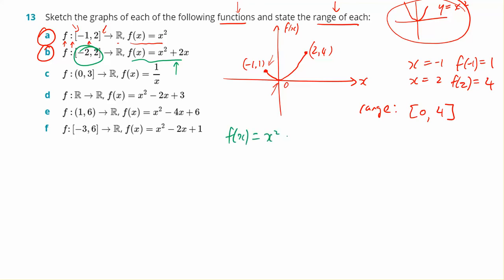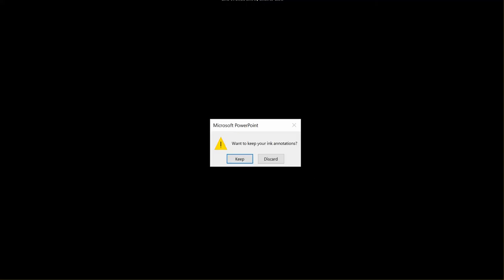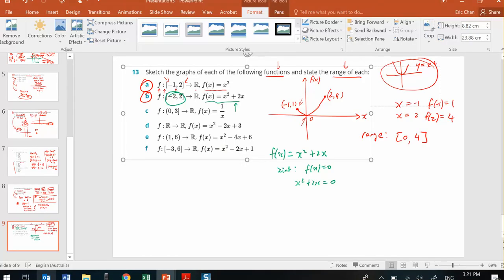So for x intercepts, f of x equals 0, or it's the same as saying y equals 0. I'm just using the f of x notation. Let that equal 0.